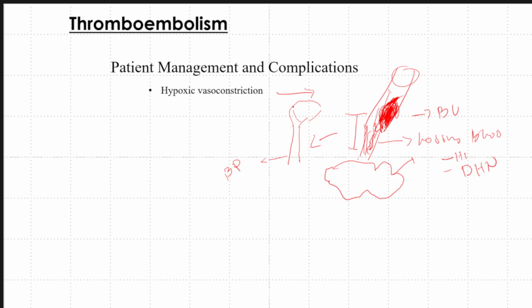Okay? So, nagva-vasoconstrict siya. So, anong nangyayari? Imbes na partial occlusion lang yung nangyayari, there is constriction and there is full occlusion na nangyayari. This is what you call your hypoxic vasoconstriction. Again, this refers to the narrowing of the blood vessels in response to low blood oxygen levels as a consequence of low blood supply to those areas. This is again a protective mechanism that becomes pathologic very, very quickly.